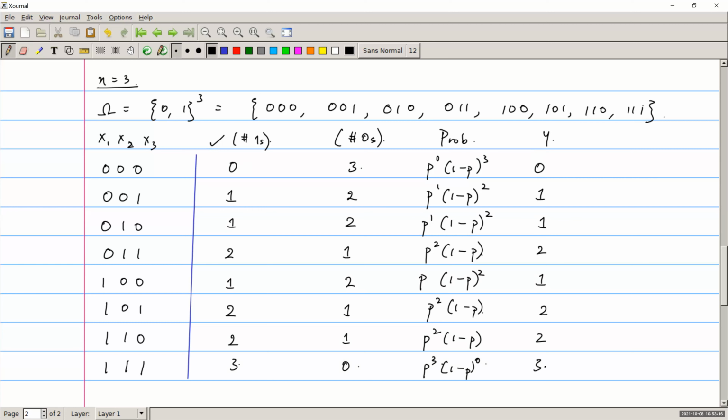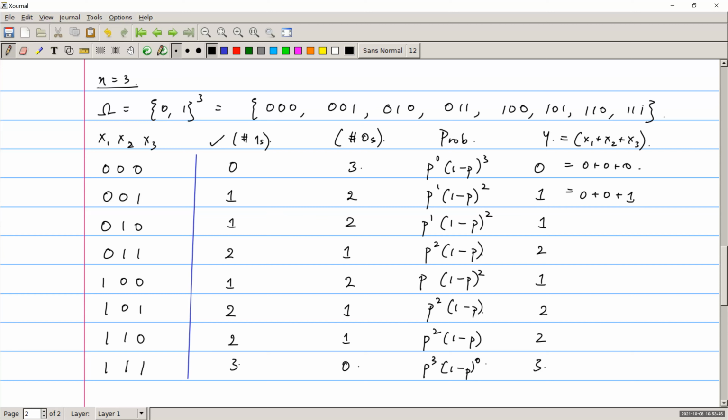So y just counts the number of ones, and sure enough, you can verify this is x1 plus x2 plus x3. Here it is 0 plus 0 plus 0, here it is 0 plus 0 plus 1. As you see, every time a 1 appears in the sequence, it adds 1 to y.